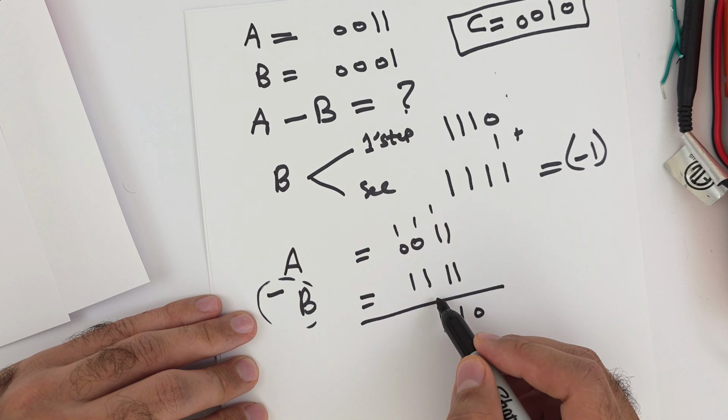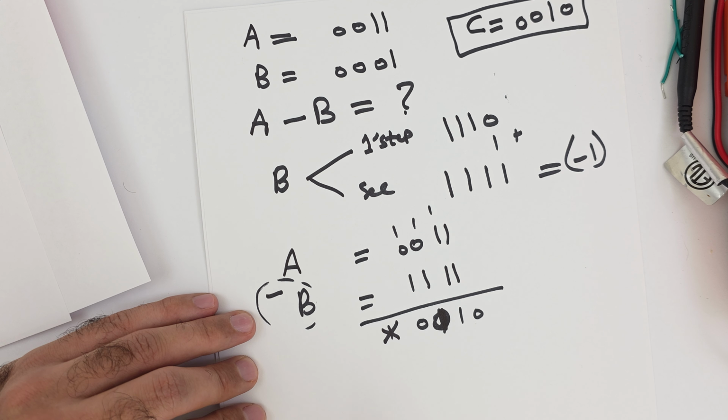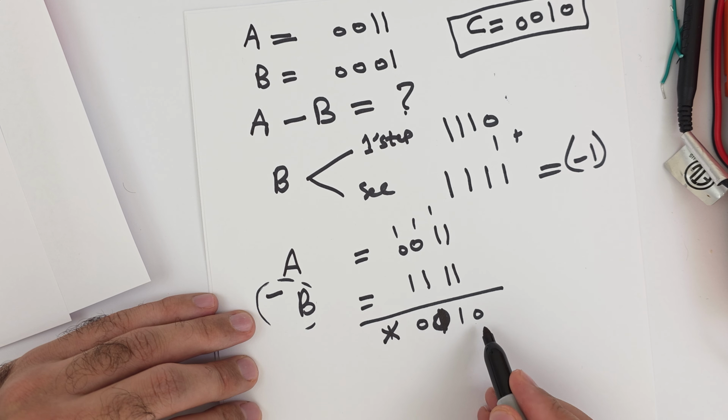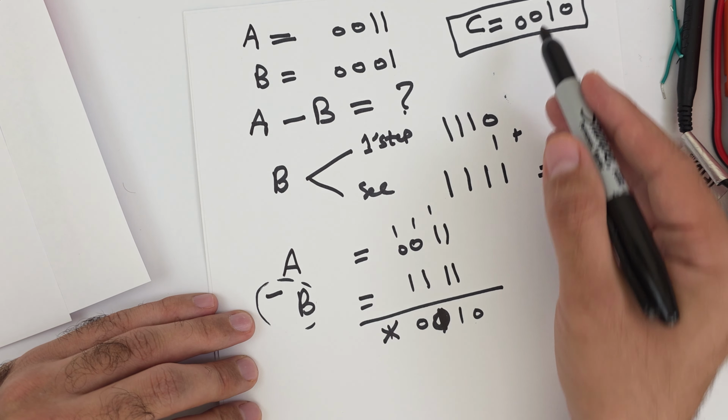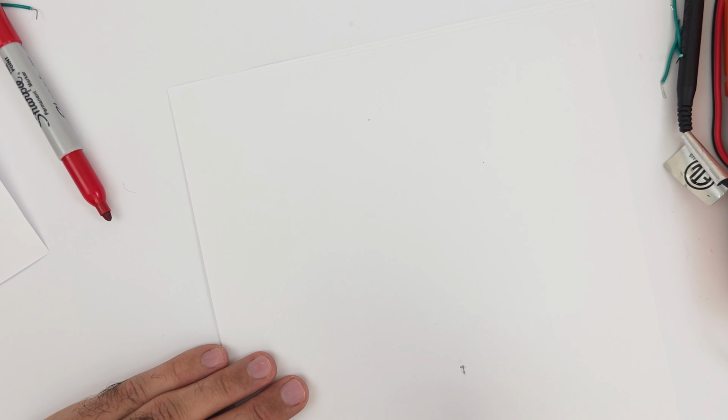I'm not going to explain why we neglect the carry out for now, but as I said, this can be found in the digital logic design course. But if you look at the first 4 bits, you can see that we have 2 as we expected. So what we need to do now is to implement this in hardware.